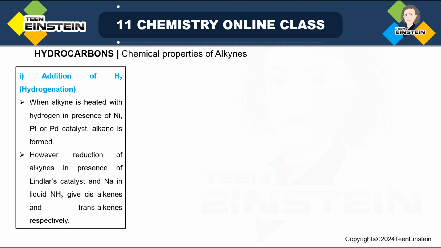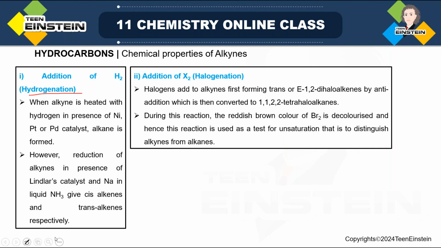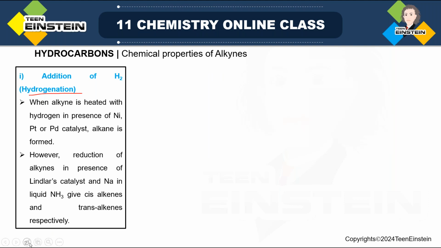The first addition reaction we will see is addition of H2. When it is addition of H2, this is basically hydrogenation, addition of two hydrogen atoms. Now this part I will not go into details because, remember, it is already discussed.